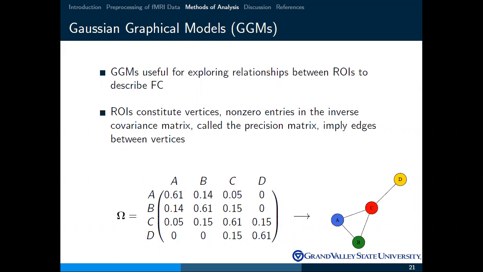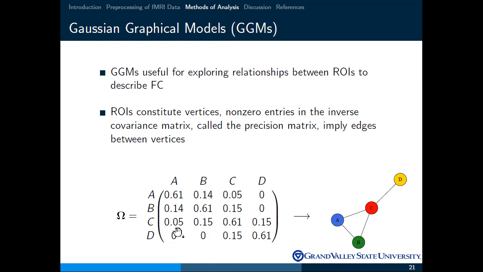And under this Gaussian assumption, you can use the inverse covariance matrix called the precision matrix to determine if nodes or brain regions are connected or not. So zeros in the precision matrix correspond to brain regions being conditionally independent.